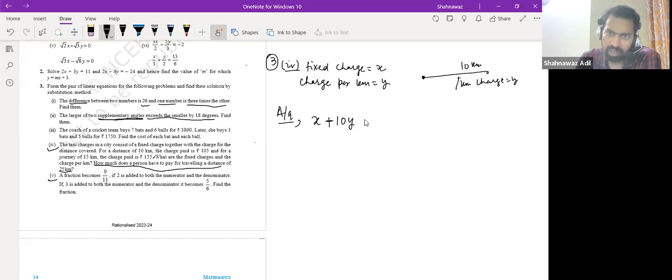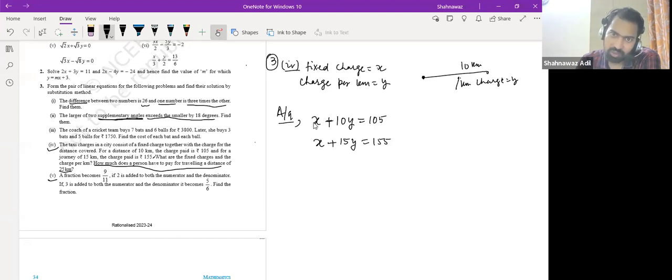And this is 105. And then in another situation, for 15 kilometers, the fixed amount plus 15y is 155.